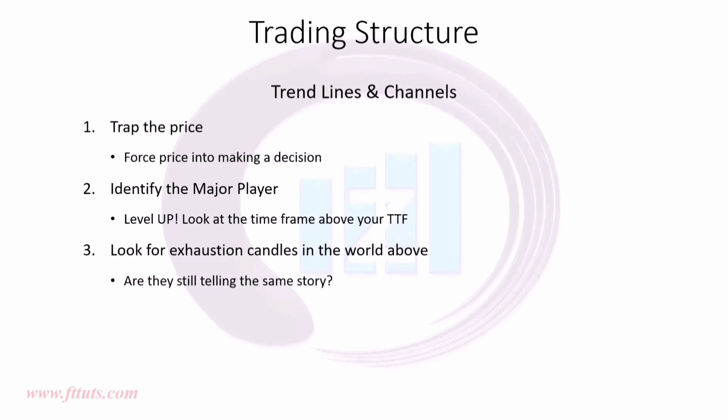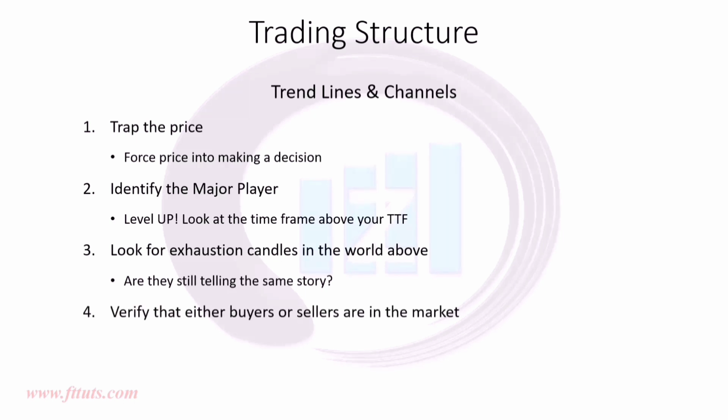If we're seeing a doji on the 1 hour, but we jump up to the 4 hour and it's not even a blip on the radar, it's still part of one larger engulfing candle going in the opposite direction, say we're looking to sell and it's part of one big engulfing bullish candle, then it's not telling us the same story. We're getting a conflict there, and we need to be patient and wait for the proper buyers or sellers to come into the market.